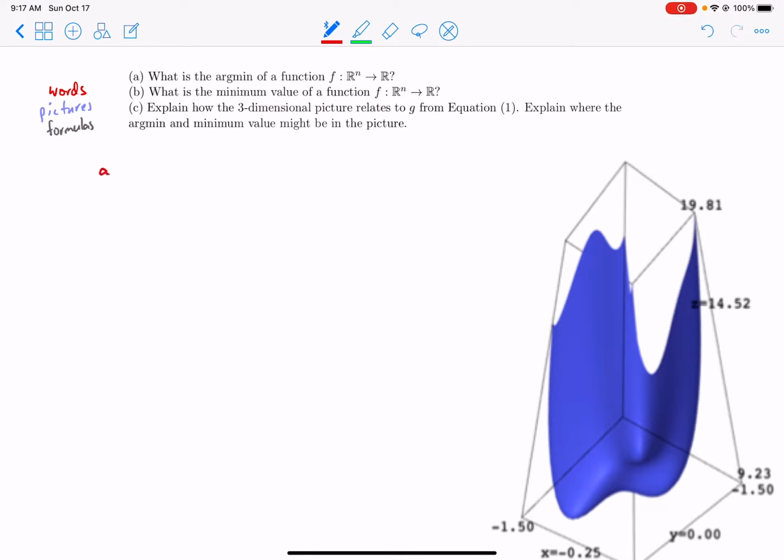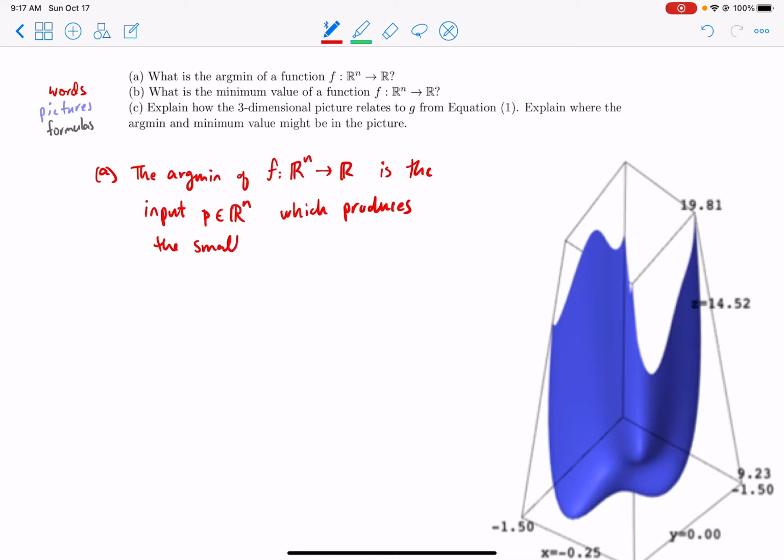Okay, so the argmin of some function is the input p, so in the input space, which produces the smallest output value, f of p, which would be a real number. Okay, so that is the argmin.